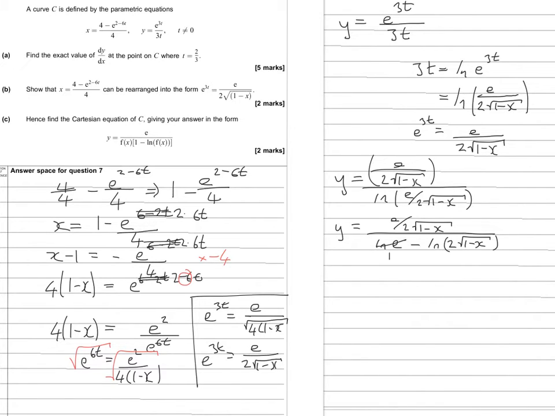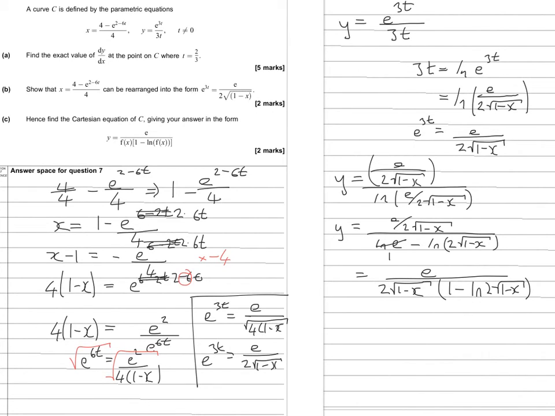So ln e is just equal to 1. And then we've got a division over something, so that is just equal to e over 2 root 1 minus x in brackets 1 minus ln 2 root 1 minus x.